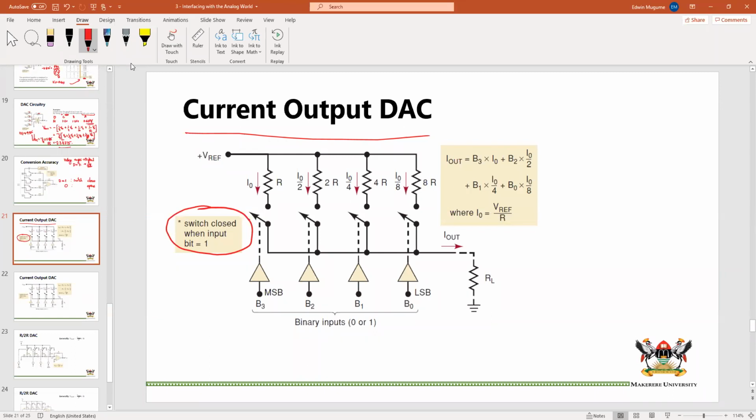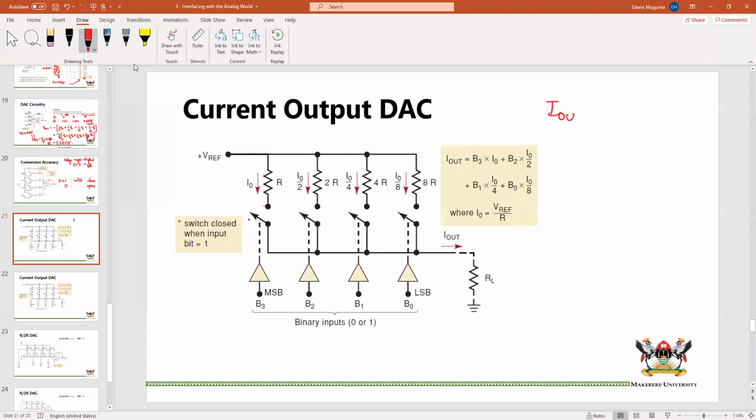So if this was 1, that would close there, meaning that you have your V reference going through here. If it is 0, that is open, and so there is nothing going through that, which is what we want. You can read more about this in the book. So the equation is here.